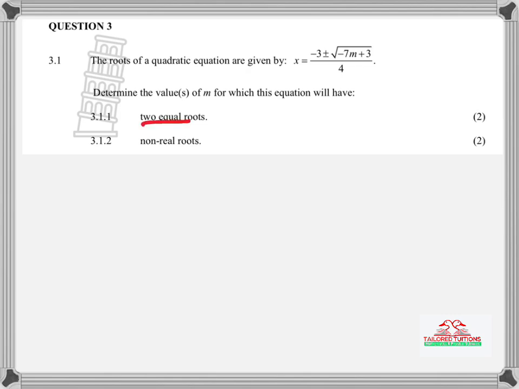Remember, for equal roots, we said the discriminant must be equal to 0, and we solved that equation. This time, we want the roots to be what? To be non-real. So the answer to this thing can only be non-real if what is under the square root here is negative.